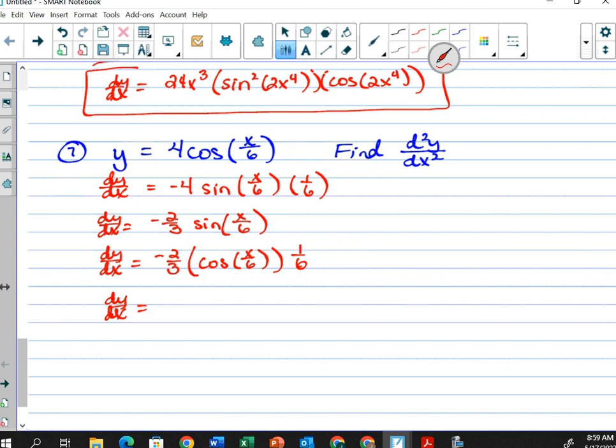So what do we get? Negative 1/9 cosine of x over 6. Yeah, we did it. Oh, and I forgot my second derivative business here. Okay, that's not too bad.